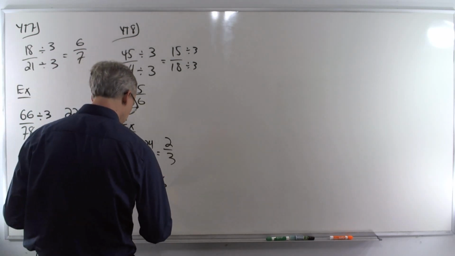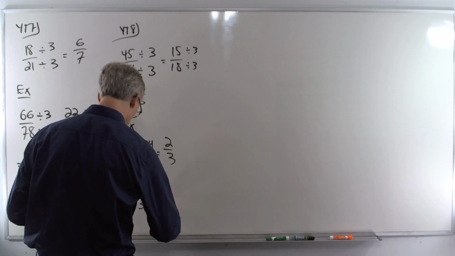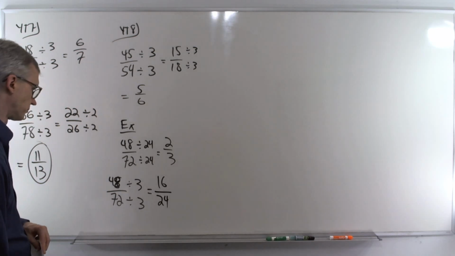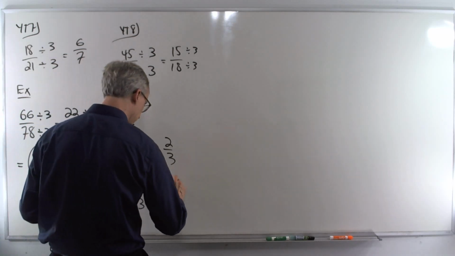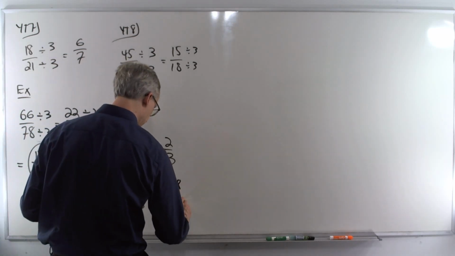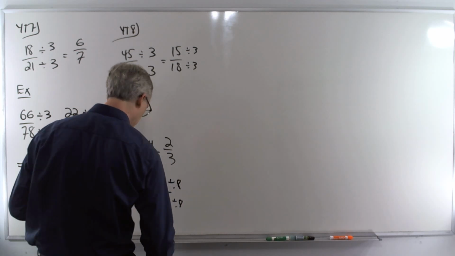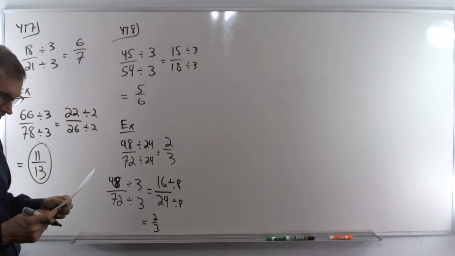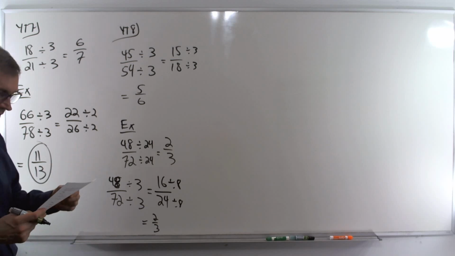And 72 divided by 3, 24. Now we can reduce this. See, it looks like 8 divides evenly into both of these. So we'll divide by 8 on top, 8 on the bottom, and get 2/3. So same answer either way. Sometimes that's a great check. Do it 2 different ways and see if you get the same answer.